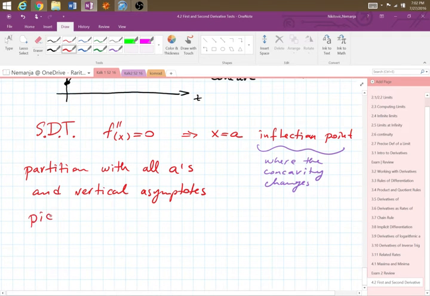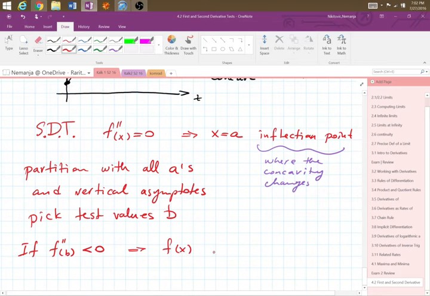Pick test values b, and then we have: if f double prime of b is less than 0, then the function f of x is concave down.